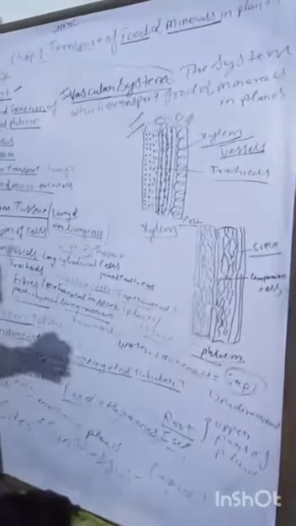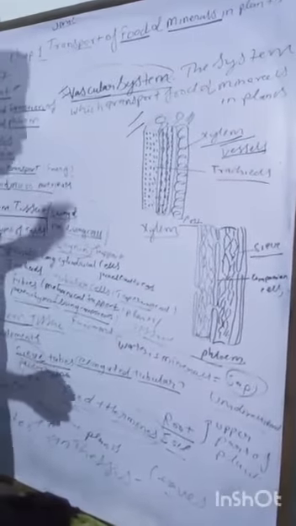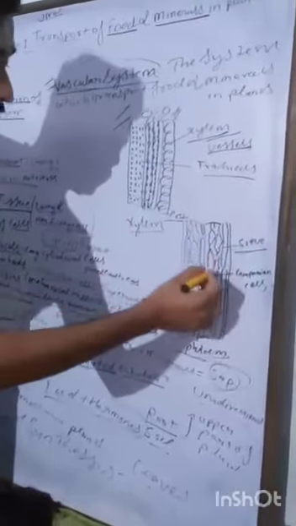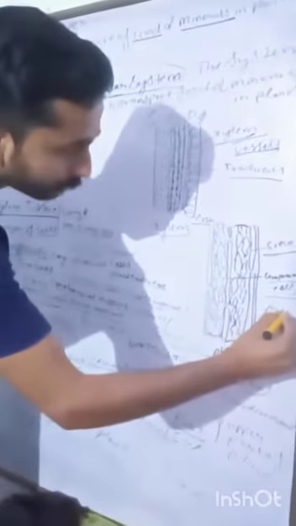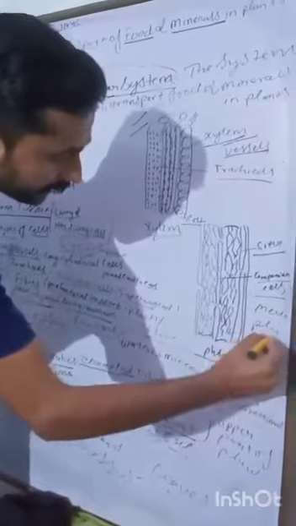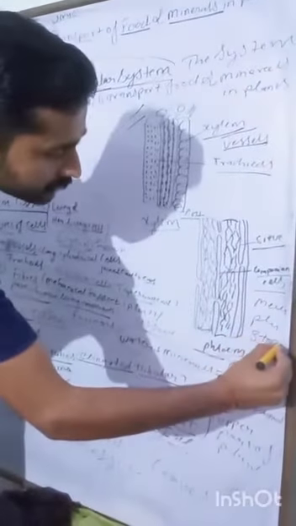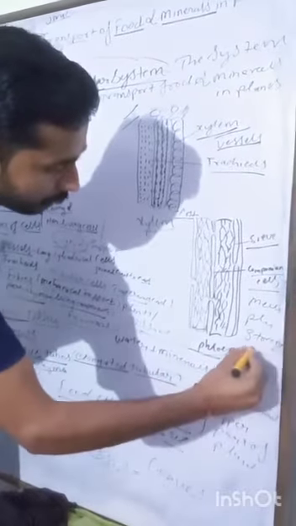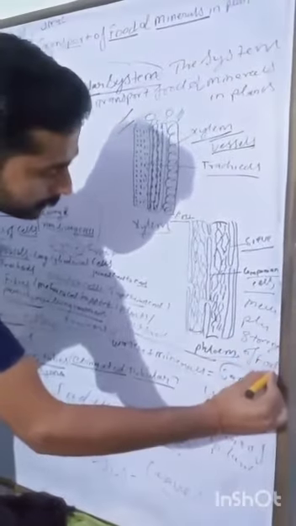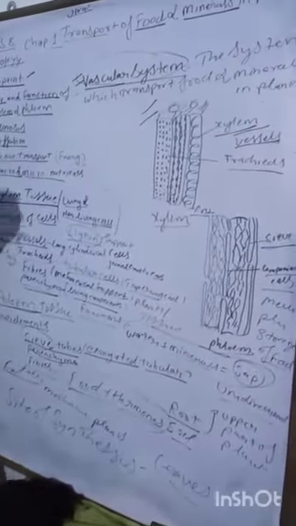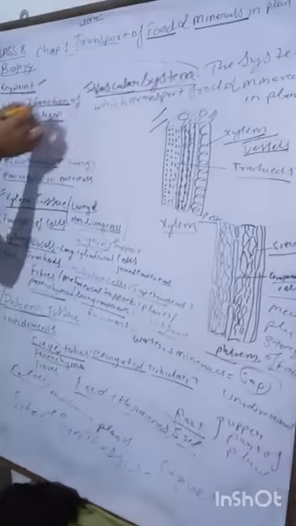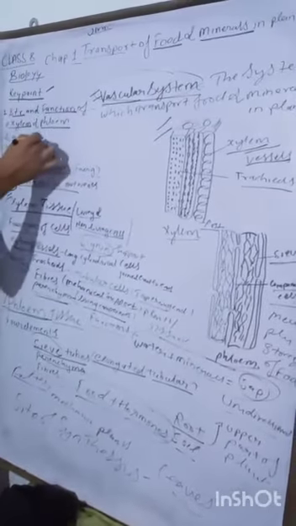Sieves allow food of a particular size to pass to the cells of plants, and companion cells help with mechanical support to the plants and storage of food.